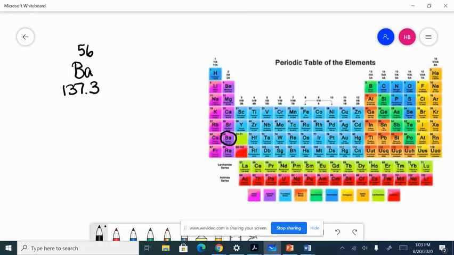So the information that I get so far is that this 56 is the identity of barium. Barium always has 56 protons. If it doesn't have 56 protons, it's not barium. So if somebody tells you, oh, I got some barium, but it only has 54 protons, you would say, no, you do not have barium, you have xenon. So this is the number of protons.